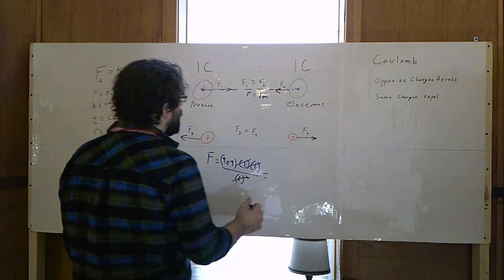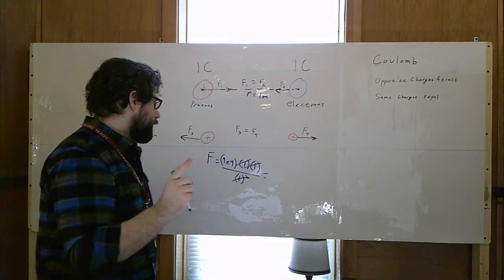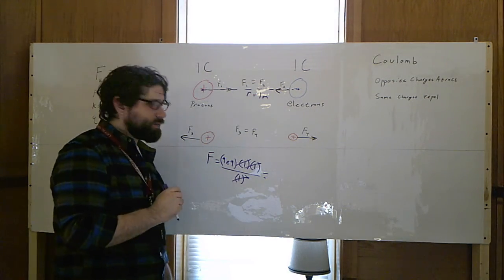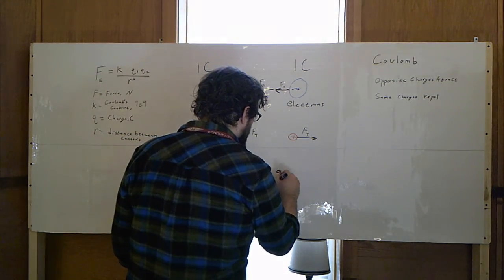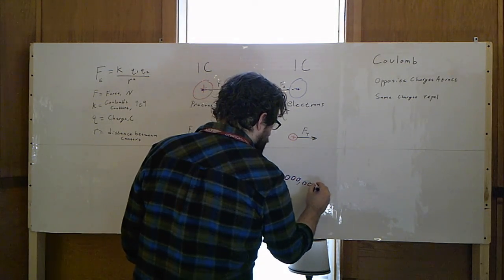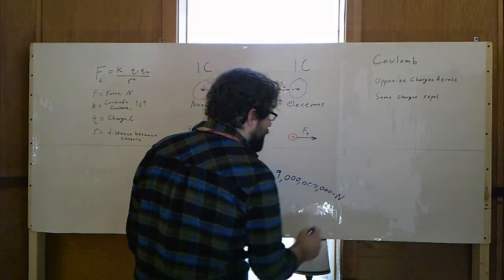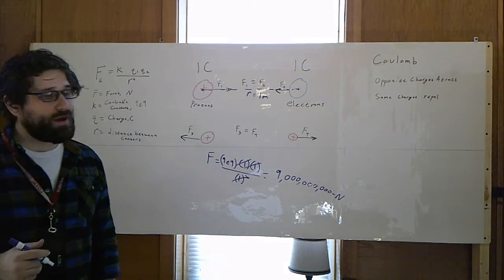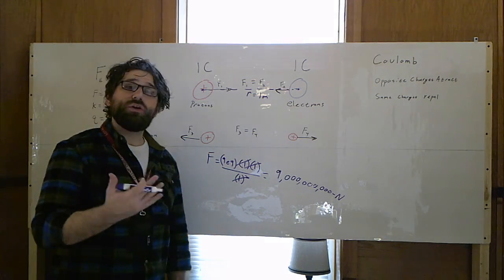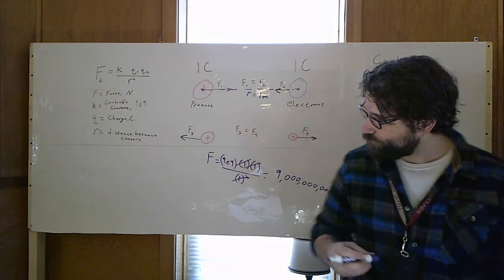So my force here, with a full charge of 1 coulomb that is 1 meter apart, is going to be 9 thousand million billion newtons. That is a massive amount of force. So 1 coulomb is a very large amount for that very reason.